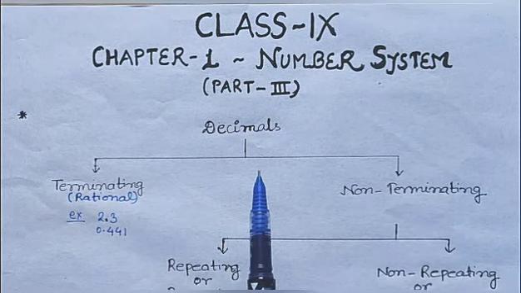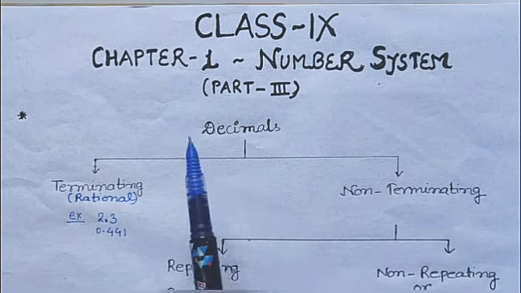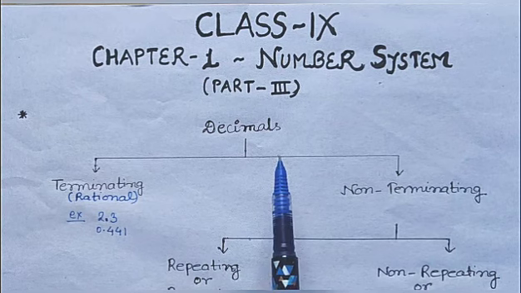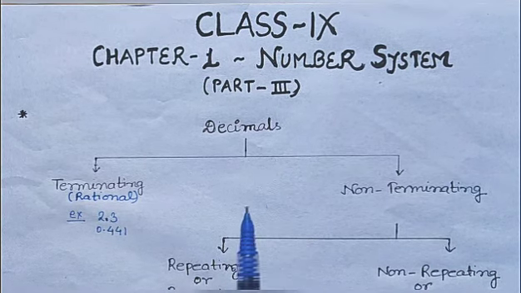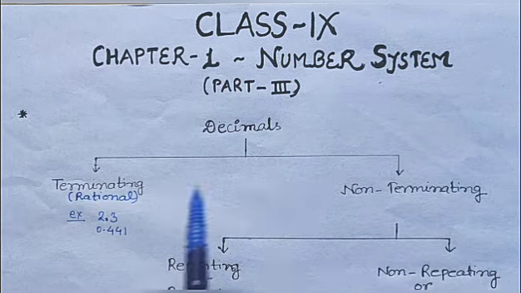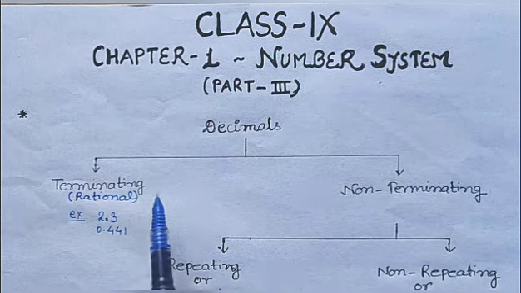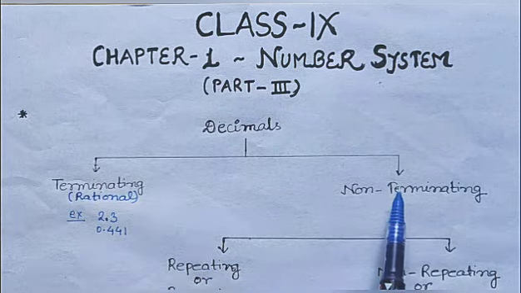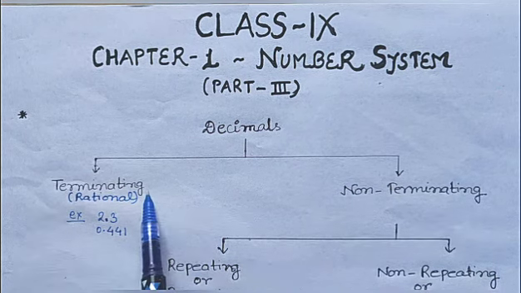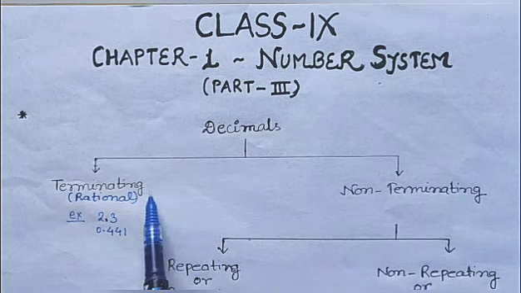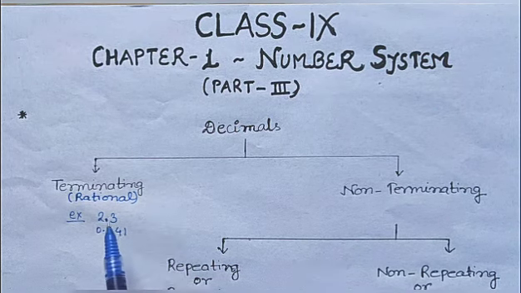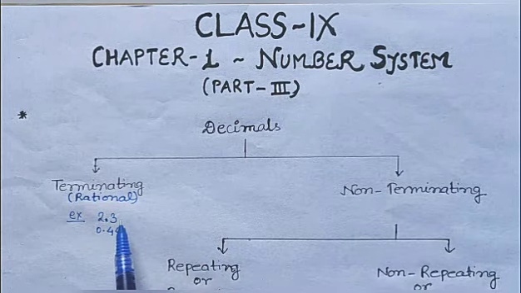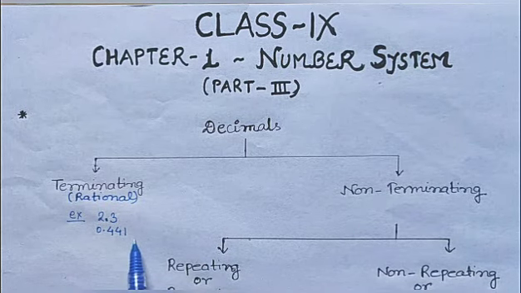Okay, our first topic is decimals. Decimal means the number with the decimal point. Decimals can be divided into two parts, terminating and non-terminating. Terminating decimal means the numbers which are getting terminated or finished after a few places of decimal, like 2.3 and 0.441.